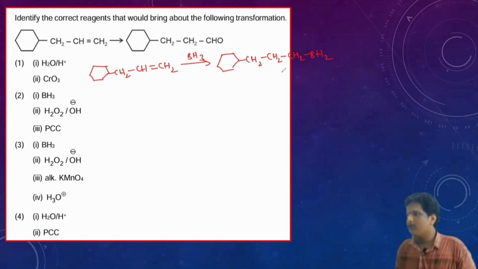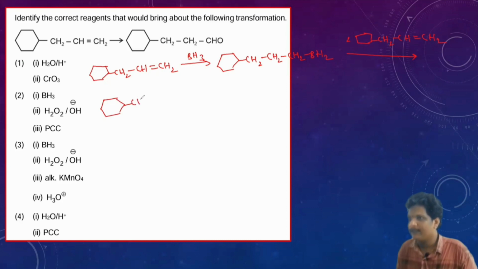Now this organoborane will react with 2 more moles of the alkene, CH2=CH2, so it gives a trialkylborane.